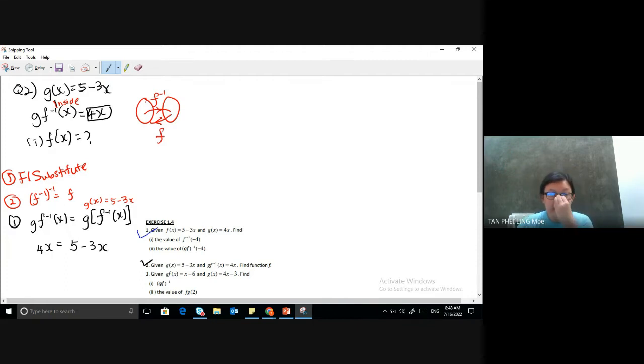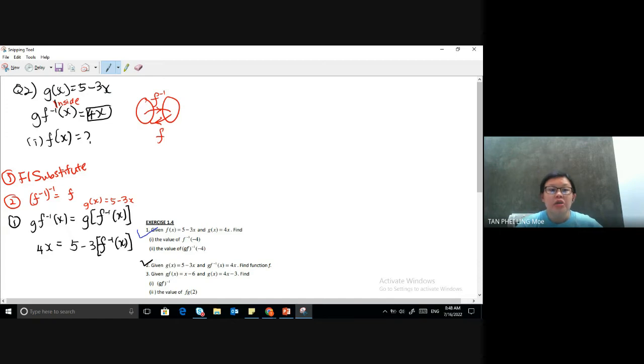Can anybody tell me if it's correct, if I write down straight away 5 minus 3x? It is wrong, isn't it? Why is it wrong? Because I'm supposed to substitute this x with the f inverse x. Do you understand now?